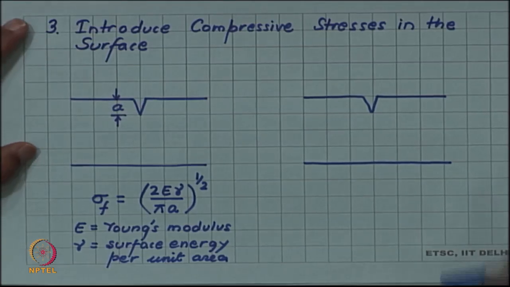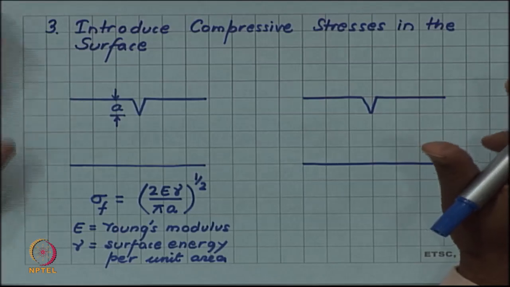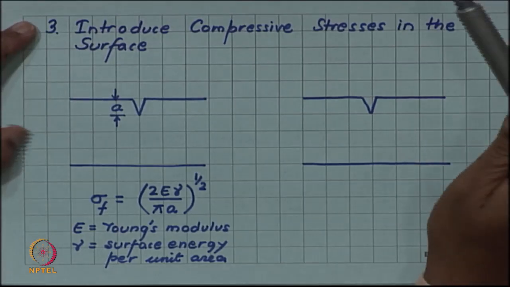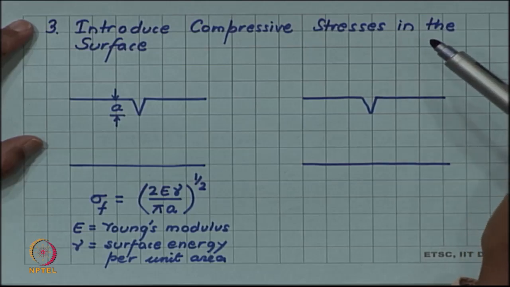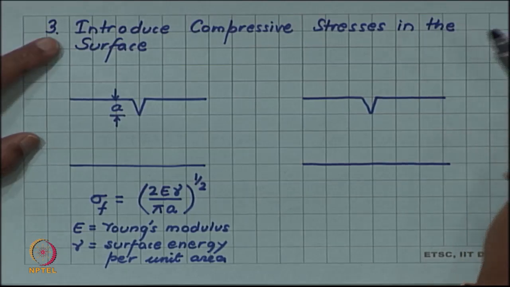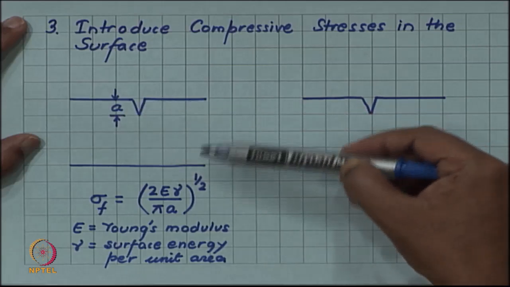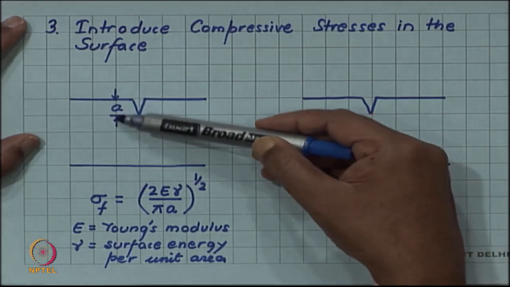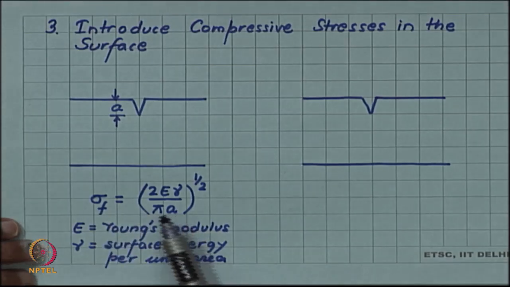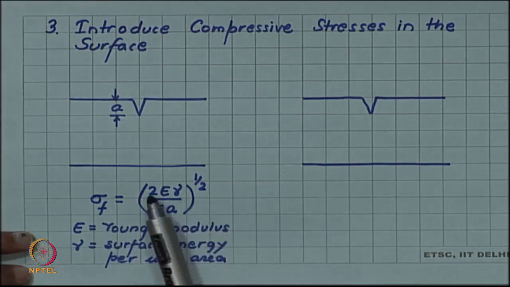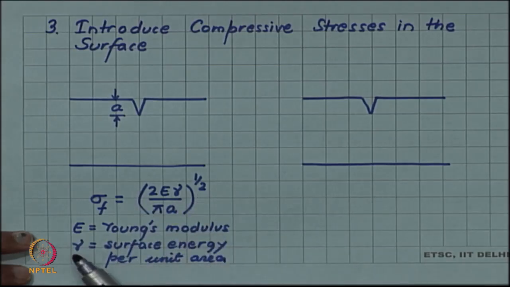A very interesting way of enhancing the fracture stress of any material is to introduce compressive stress in the surface. Let us assume that this is a component with a surface crack of depth a. We know from Griffith's formula that the fracture stress will be the square root of 2 E gamma by pi a, where E is the Young's modulus and gamma is the surface energy per unit area.